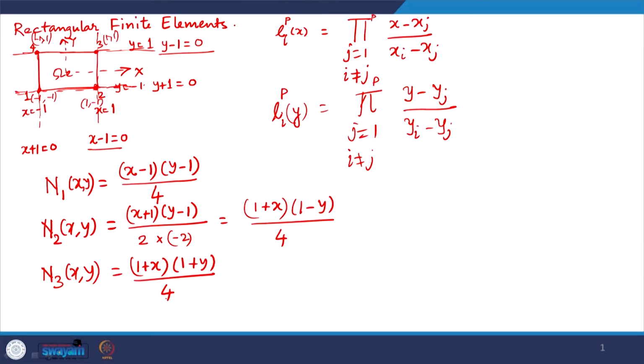So, 4, and finally, we can have N4 of x y, that is given by the equation of line 2 3 multiplied by the equation of line 1 2.